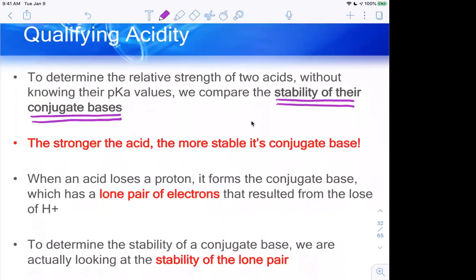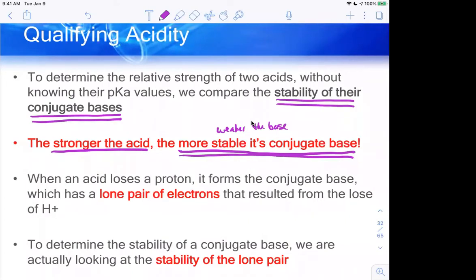Remember, the stronger the acid, the more stable its conjugate base, because the stronger the acid, the weaker the base. Well, bases do not want to react with acids if it's stable.